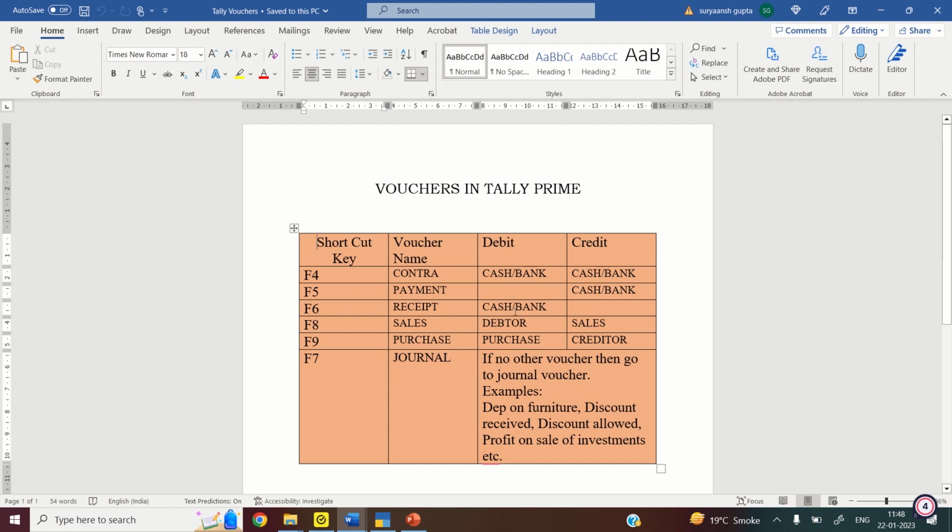Whenever on the debit side it is cash or bank, we go for receipt. Whenever it is a credit sale, we go for sales voucher. Whenever credit purchase, for purchase voucher. And when none of these vouchers match, then we go to the journal voucher. Example, for depreciation, for discount, we go for the journal voucher.